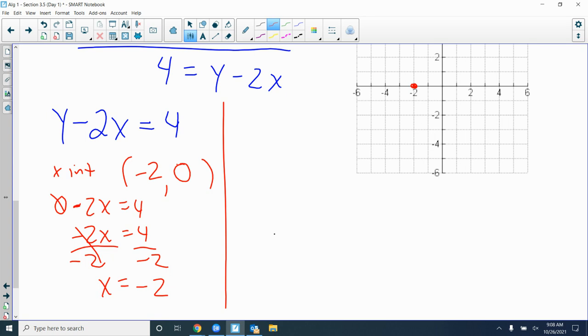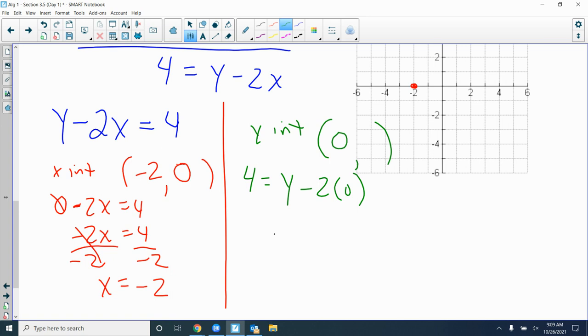Austin, how am I going to get the y-intercept? What goes in for 0? For y-intercept, x is 0, right? There you go. So we got 4 equals y minus 2 times 0.